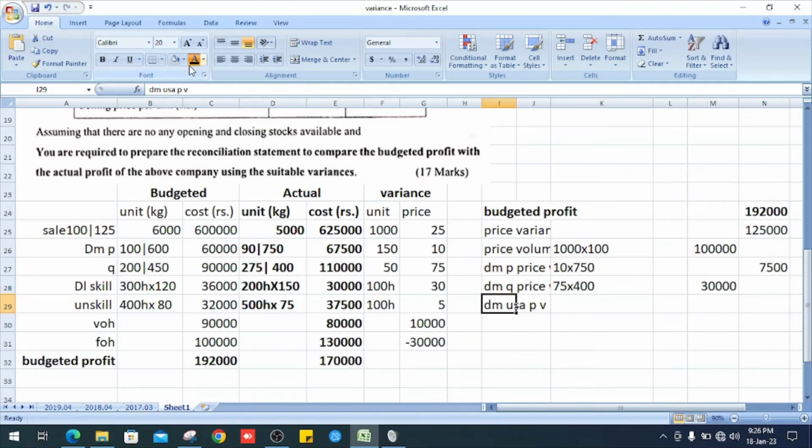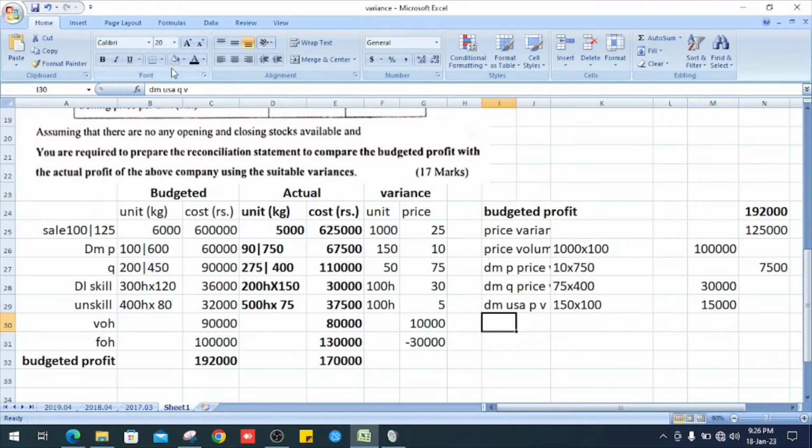Next, the direct material P usage variance is 150 into the budgeted price 100, which is 15,000.